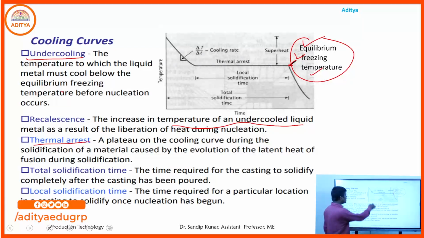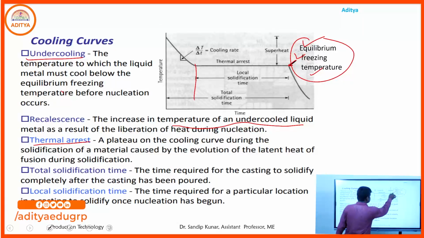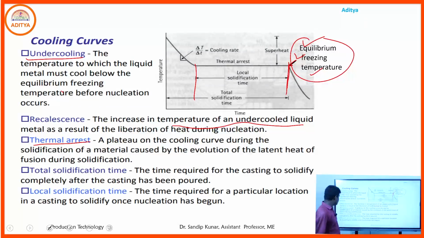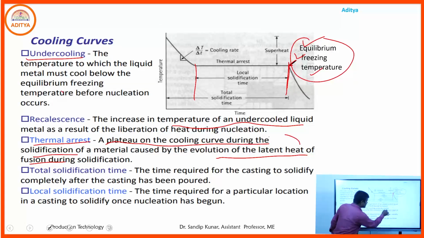Only this zone is called thermal arrest, the constant temperature line. It is a plateau on the cooling curve during the solidification of a material, caused by the evolution of the latent heat of fusion during solidification. Change of phase of the substance is done by latent heat.